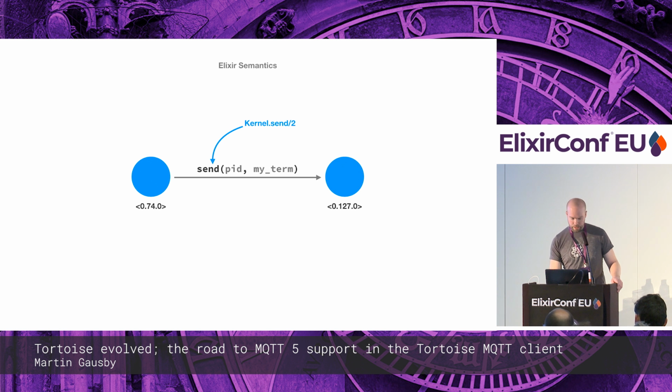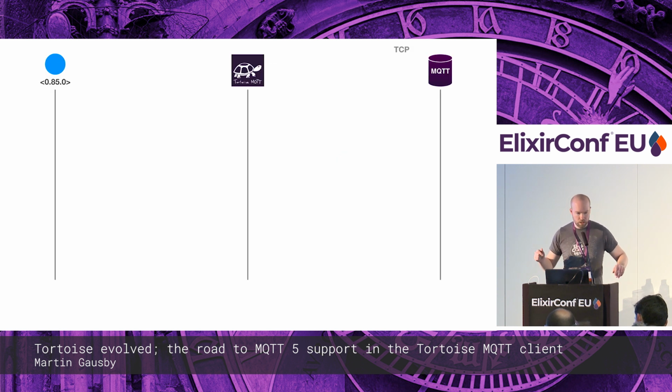So, that is good. The concept here is that we have a resource that has an identity that we can reference and send messages to. So, in this handy diagram, I have a caller process. I have Tortoise, an application running in your Beam, and then we have an MQTT server running behind a TCP connection.